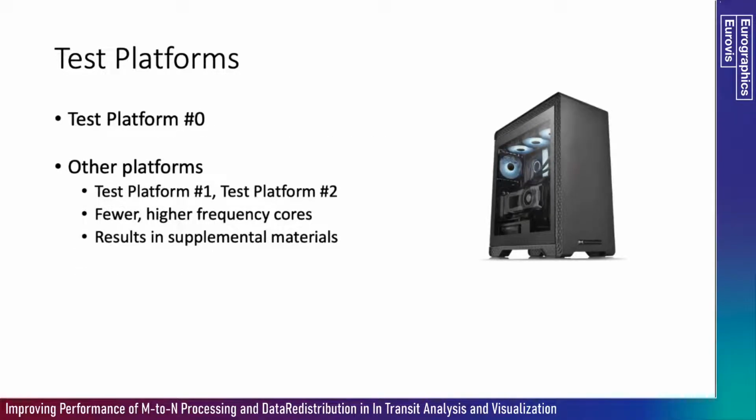Our other platforms are configured similarly, but they do differ in the particular CPUs and some elements of the software environment that they provide. These systems offer fewer but higher frequency processing cores. The first has 2 3.6 GHz CPUs supporting 16 hardware threads, while the second has 2 3.5 GHz CPUs and supports only 12 hardware threads in total.